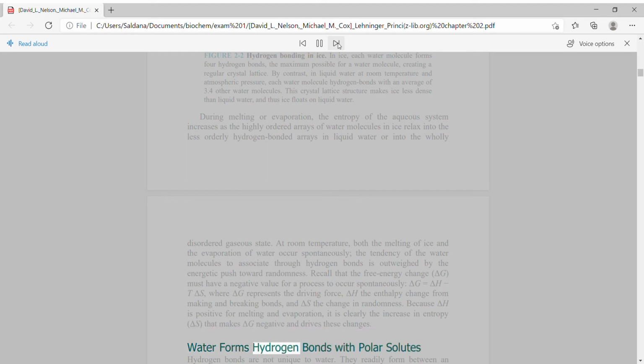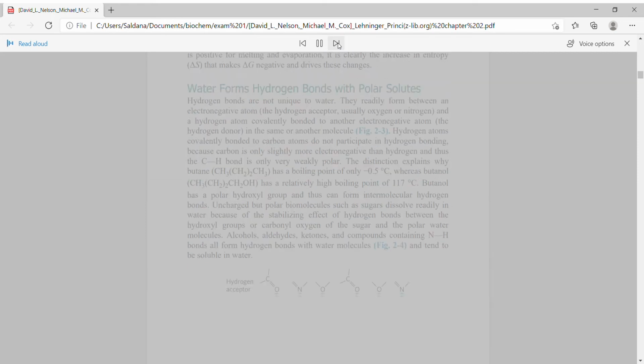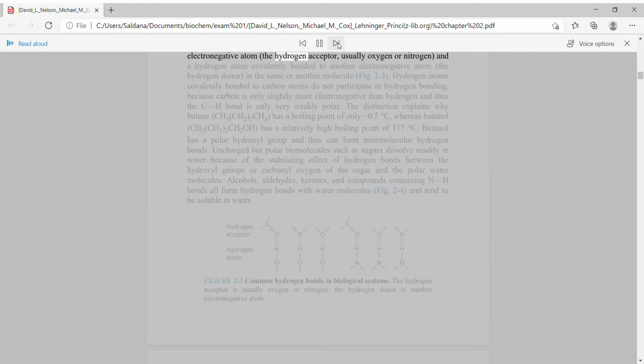Water forms hydrogen bonds with polar solutes. Hydrogen bonds are not unique to water. They readily form between an electronegative atom, the hydrogen acceptor, usually oxygen or nitrogen, and a hydrogen atom covalently bonded to another electronegative atom, the hydrogen donor, in the same or another molecule, Fig. 2-3.